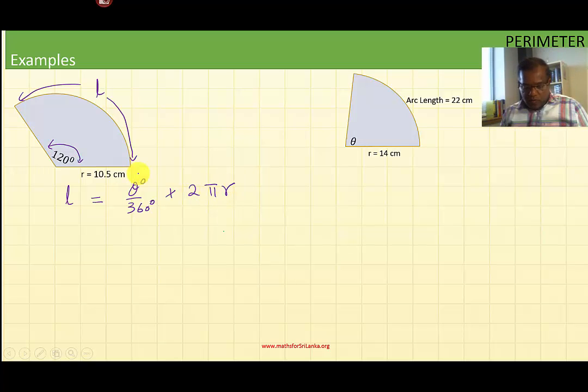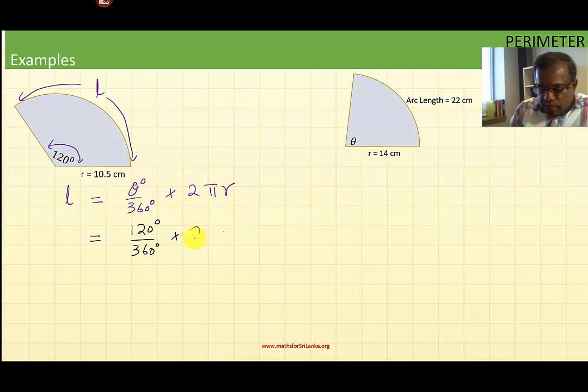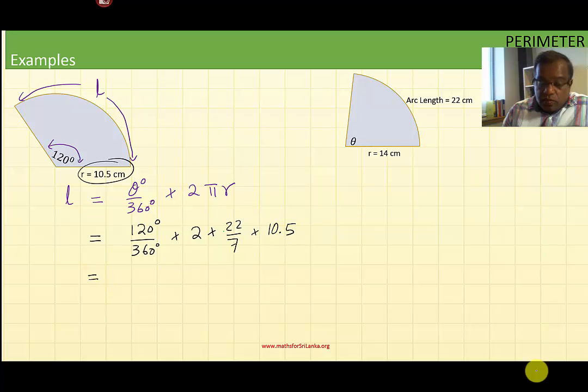Now if I substitute the values, theta is equal to 120, we're going to use 22 over 7 for pi, and the radius is 10.5. 120 is a factor of 360, so that gives us 3.